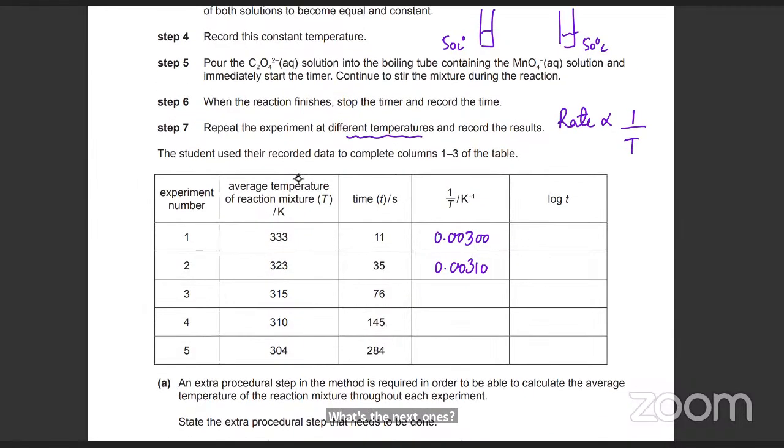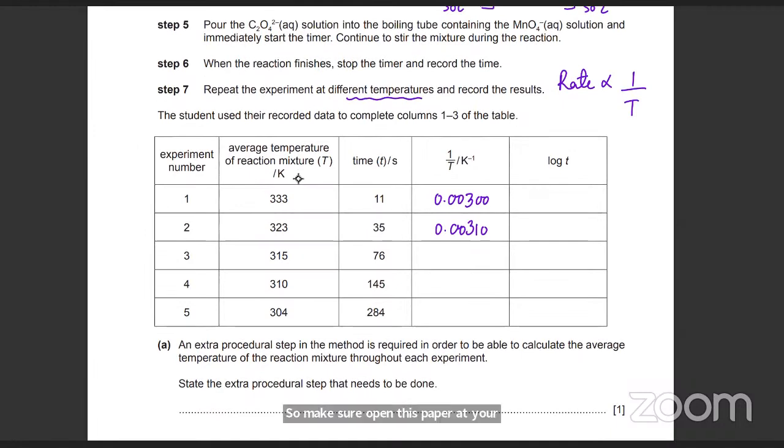So make sure you open this paper at your end as well. 0.00317. And after that, what? 0.00323.